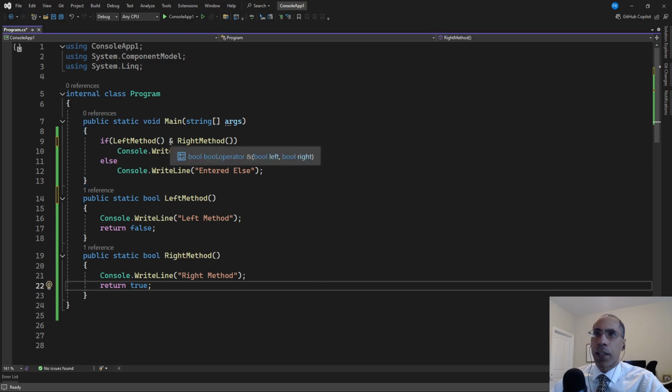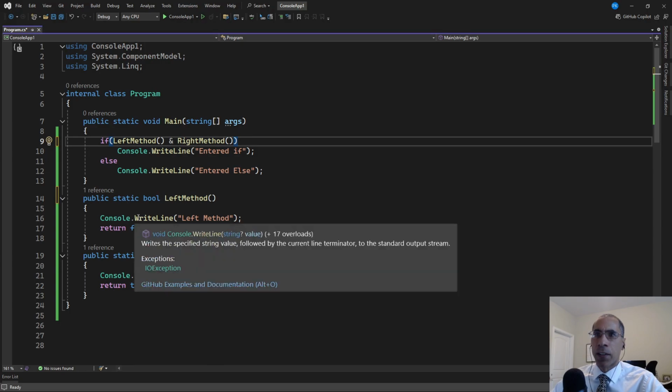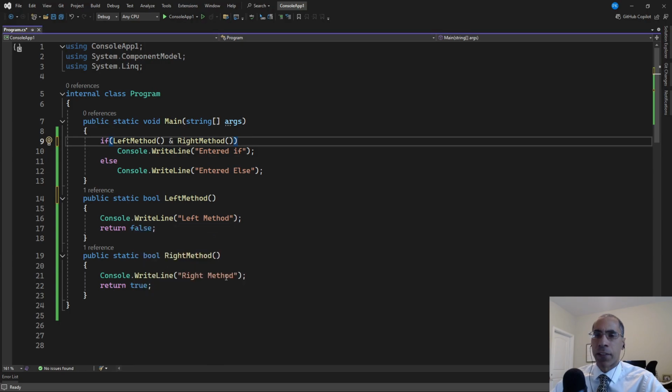So an AND statement, just a single ampersand, will evaluate both the left and the right-hand side before making a decision on if this is true or not. So in this situation here, the left side is false, the right side is true.